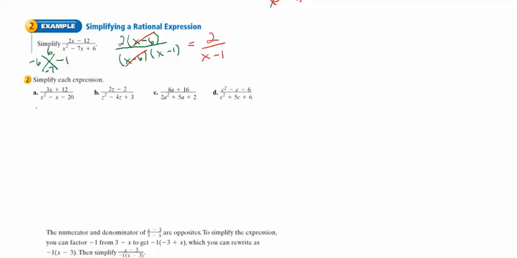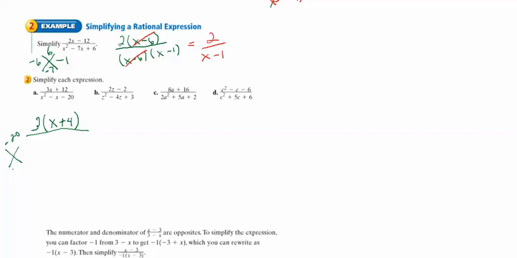Okay, so now my next one is 3x plus 12. Is there anything that these have in common? They have a 3. I can take a 3 out and make it x plus 4 at the top. At the bottom, I need to factor because I need to see if there's anything that I can have in common. So 1 times negative 20 is negative 20.